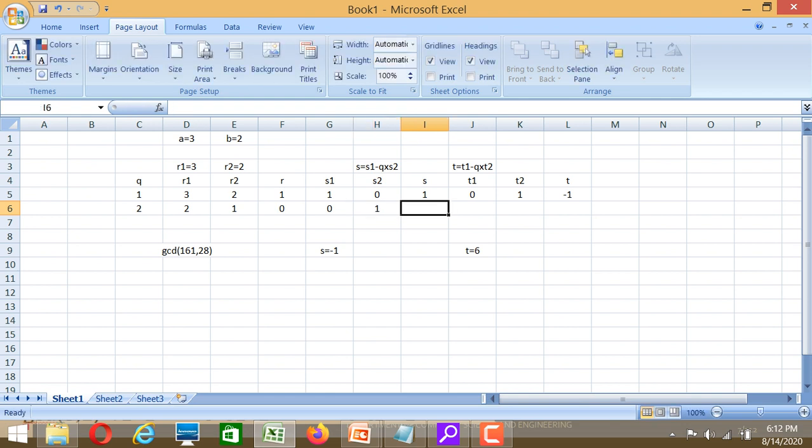New S is equal to S1, that is 0 minus quotient 2 into 1, which is minus 2. The new T1 is the old T2, that is 1. The new T2 is the old T1, that is minus 1.